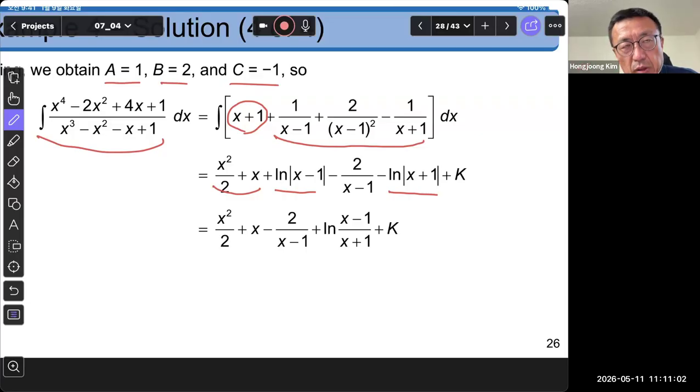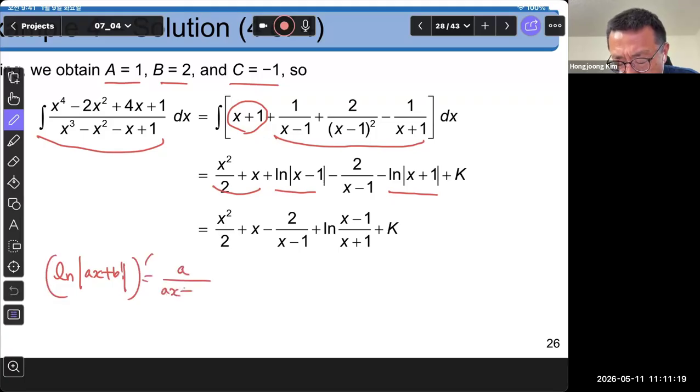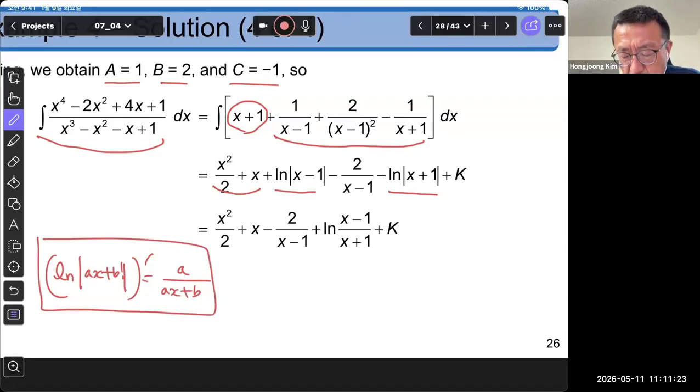For the integration of a linear factor, if you differentiate, say, a ln of ax plus b type function, you get a over ax plus b. So that's what I need for the integration of this or this type of function.